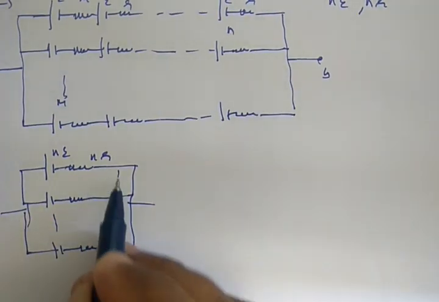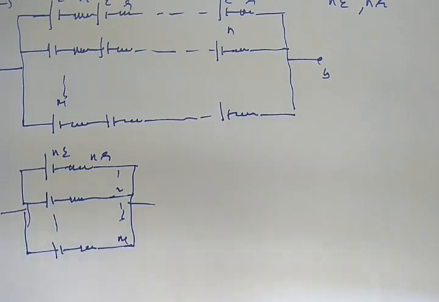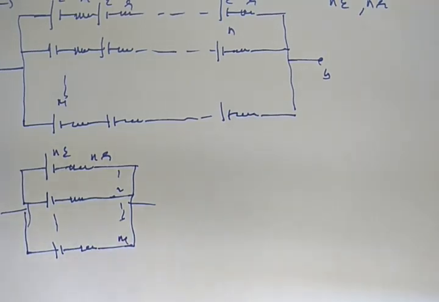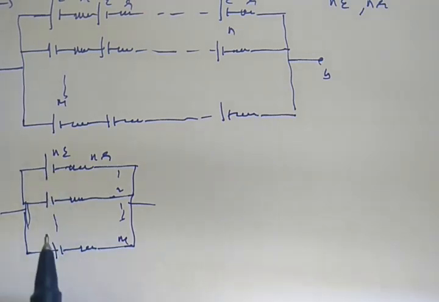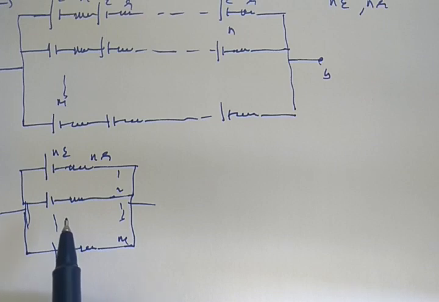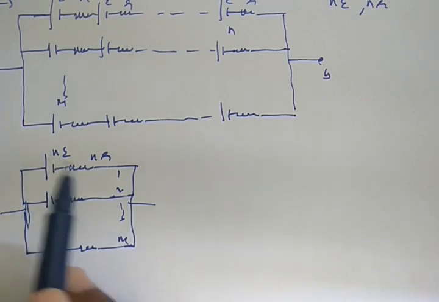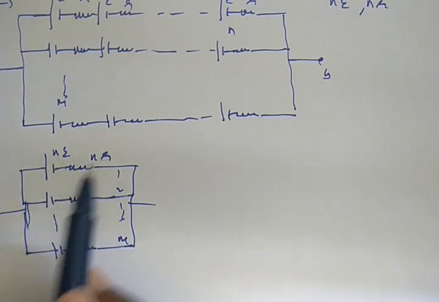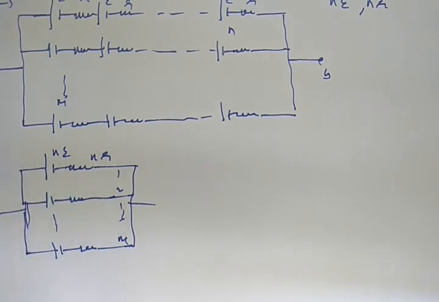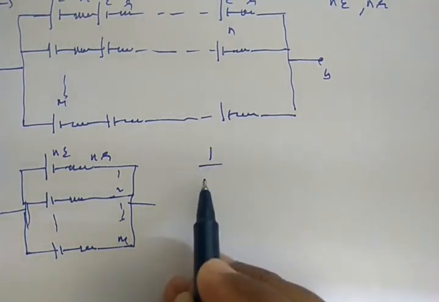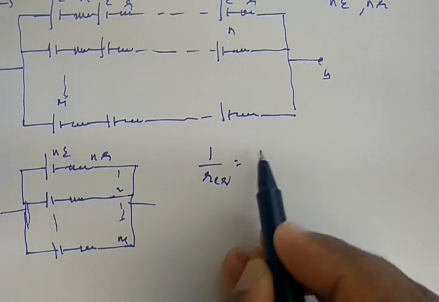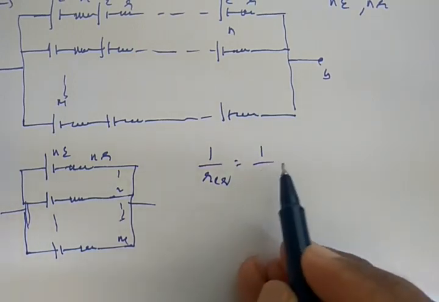This is m number of sets, first, second and so on, up to m. So now there are m cells here, the EMF of each cell is nE and the internal resistance of each cell is nr. So this is like a parallel combination. Now we can estimate its effective resistance: 1 by R equivalent equals 1 by R1 plus 1 by R2 and so on.